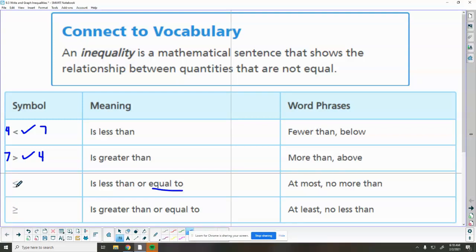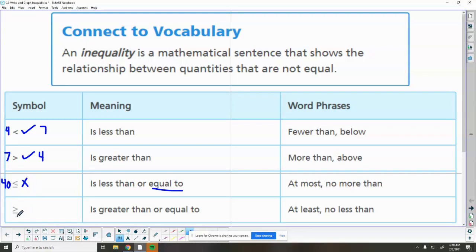So for example, if you were going to ride on a ride at the fair and you had to be at least 40 inches, so you have to be 40, so X has to be less than or equal to 40. Or sorry, it has to be greater than. X would be bigger, 40 would be the smallest you could be. So you could be 40, you could be 40.1. So 40 is less than X or equal to it.